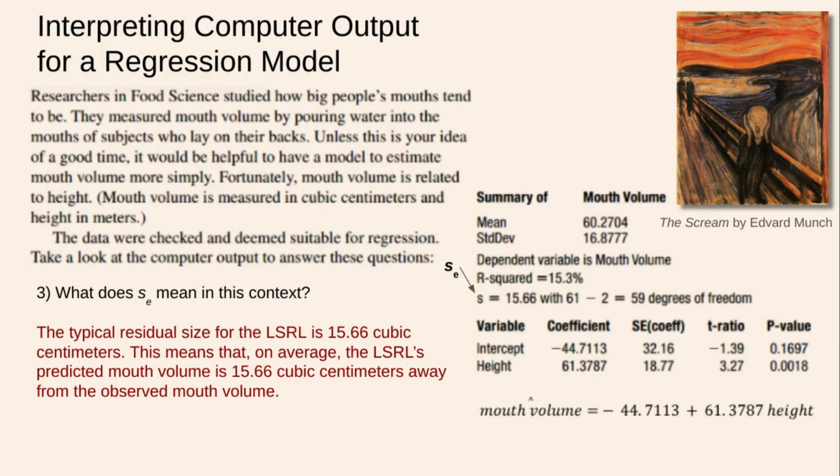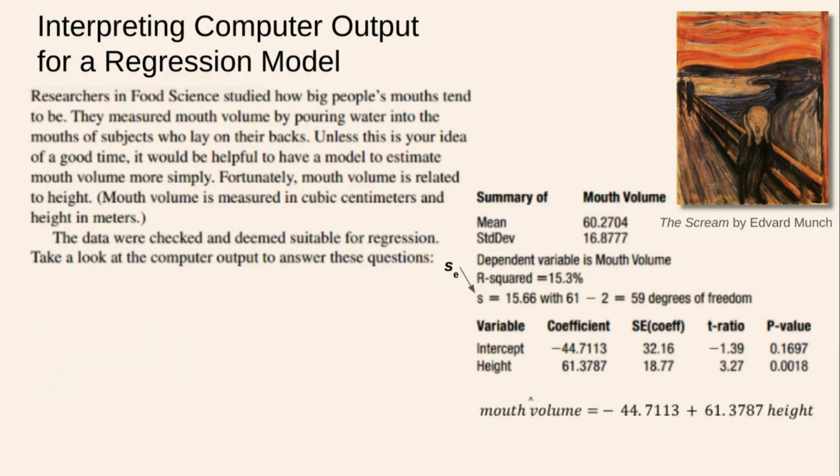And last question. What does the standard error of the slope mean in context? All right, so this is probably the most interesting part, the standard error of the slope. So if we were to look at our computer output and go down here to the variable height, this is going to talk about the slope of the regression line.